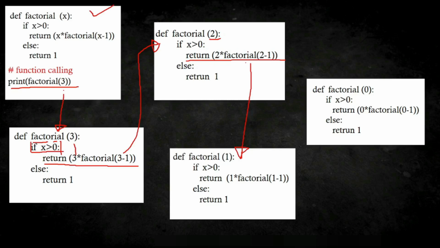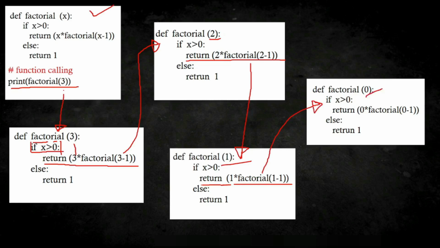In this case, the value of x is 1, and it will check the condition, that is whether x is greater than 0 or not. Here it is greater than 0, so this return statement will be executed, and it will call the factorial function for 1 minus 1, that is for value 0. So in this step, the value of x is 0.